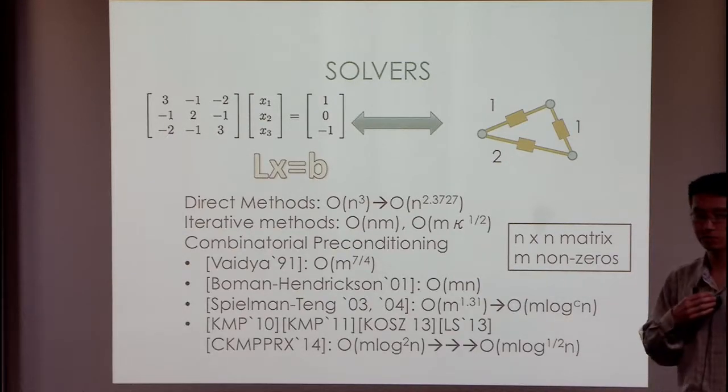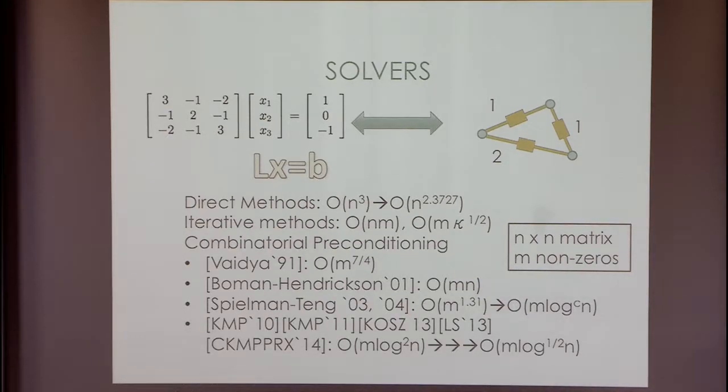And then there were subsequent improvements in the last 5 years that greatly improved the running time of this type of method. I think most of the authors on this sequence of results are in the room here. So basically, at some point, everyone decided that, hey, we should make the solvers go faster.